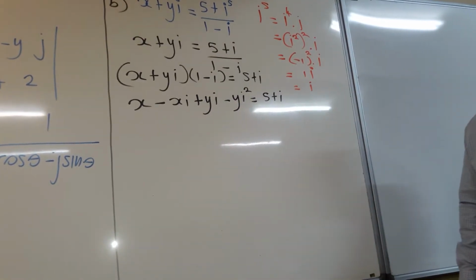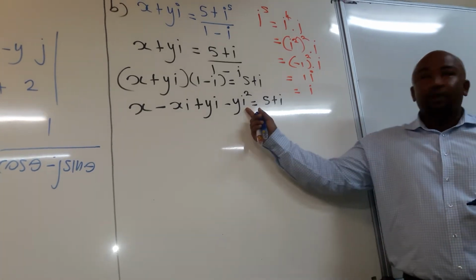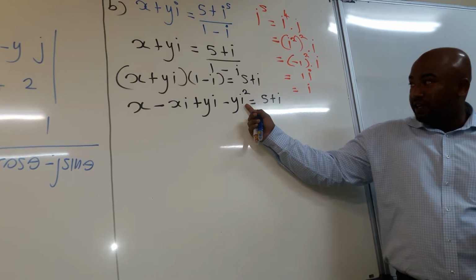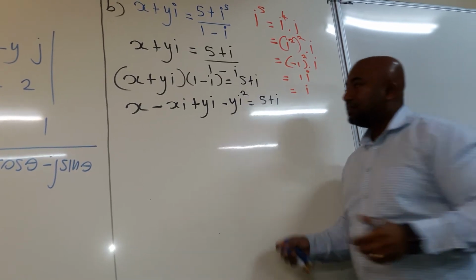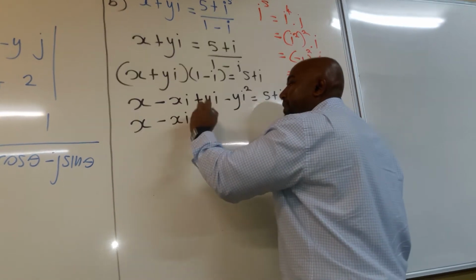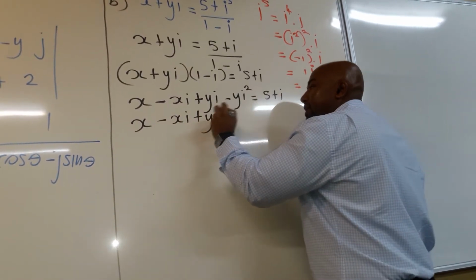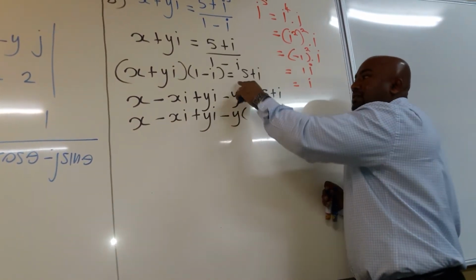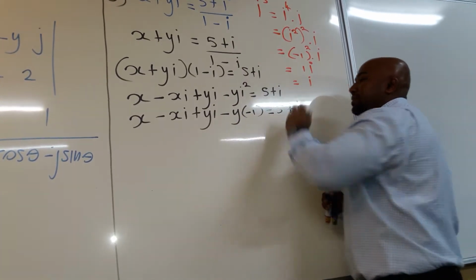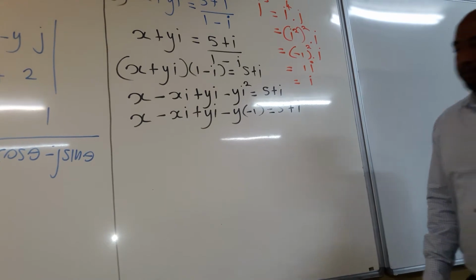Alright. So now, whenever we have a power that's higher than 1, we simplify it. So it's clear here, you got I squared again. So now this will be x minus xi plus yi minus y times I squared, which is minus 1, and this is equal to 5 plus I. Okay.